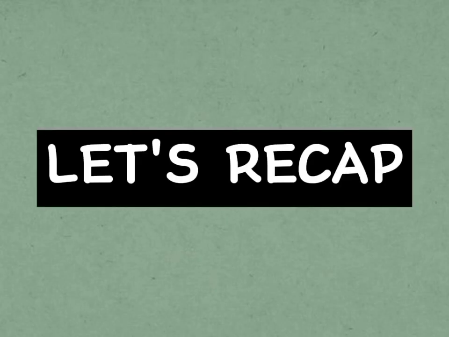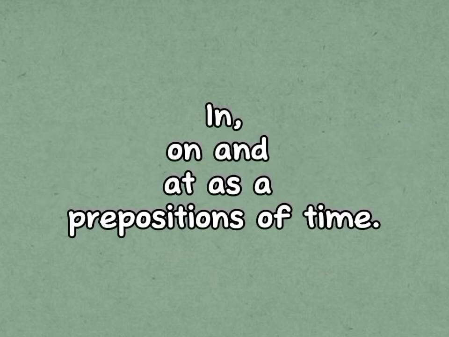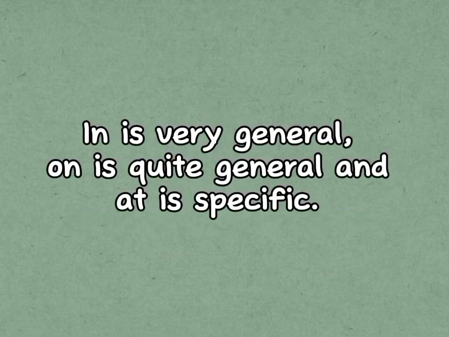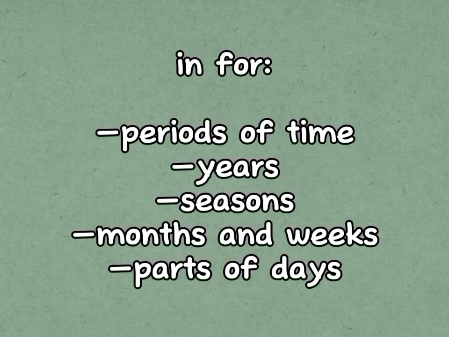Let's have a quick recap of what we've learned today. Let's start with in, on, and at as prepositions of time. In is very general, on is quite general, at is specific. We use in to talk about periods of time, years, seasons, months and weeks, and parts of days.